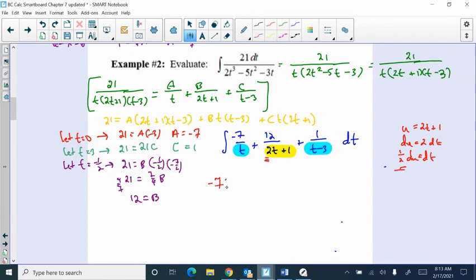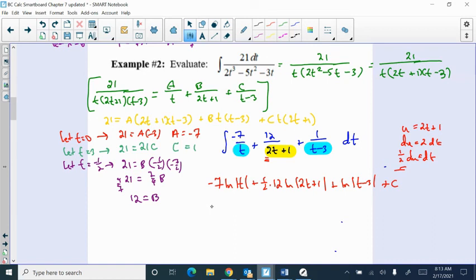So -7 natural log of t, plus 1/2 times 12 natural log of 2t plus 1, and then plus just natural log of t minus 3 plus c. And certainly you could multiply 1/2 times 12.